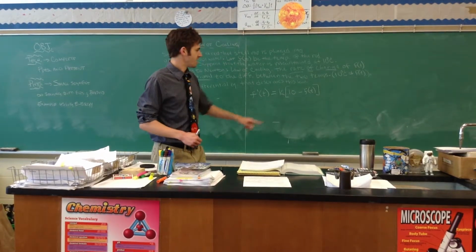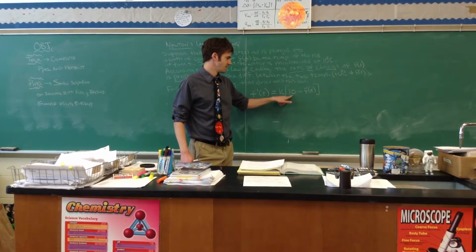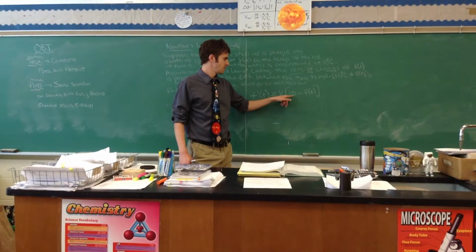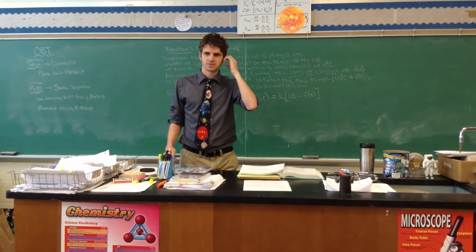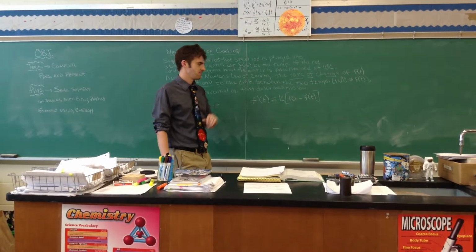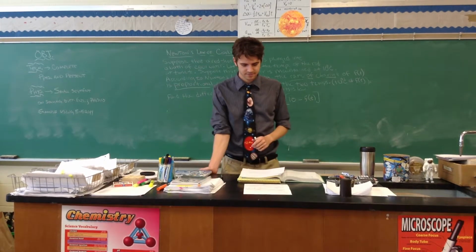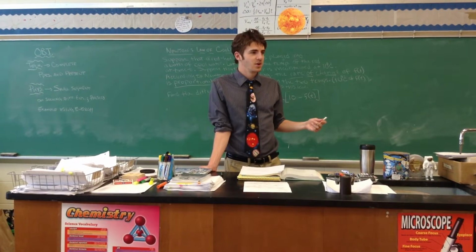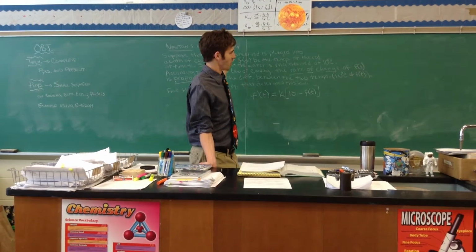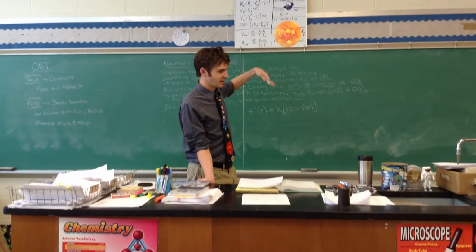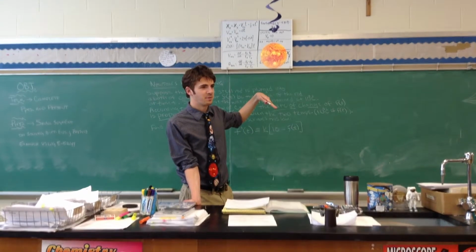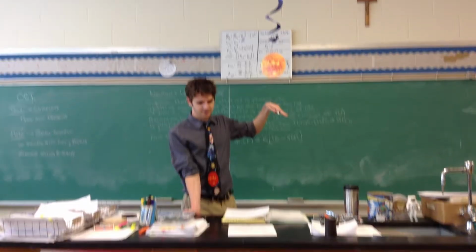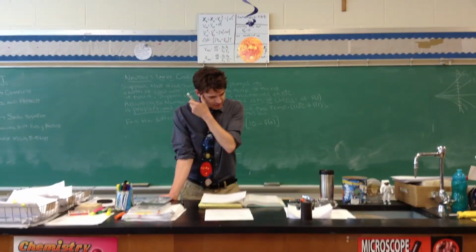Okay, so if f of t here is bigger than 10, what's my rate of change going to be? Negative. Right, so our rate of change describes the slope, so if we were plotting this on a graph, we would see that the temperature of the rod would start to go down, so you'd have that negative slope, if we remember from algebra what a negative slope looks like.